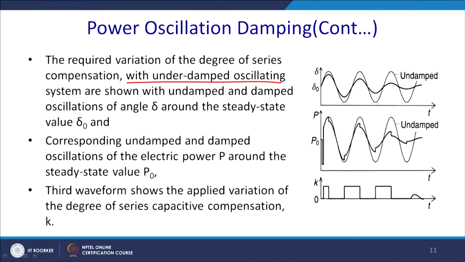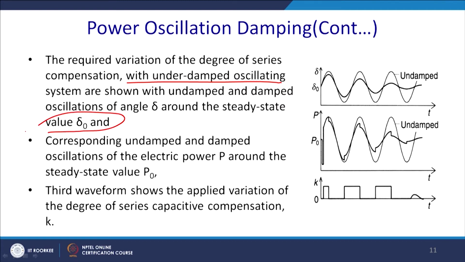So, the required variation with the degree of the series compensation with underdamped oscillation system shown with the undamped and the damped oscillation with an angle delta around the steady state value of delta 0.